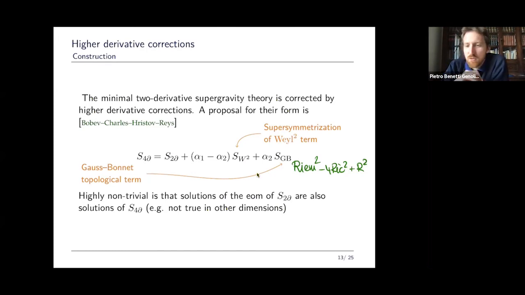So first, you realize, and this is a very highly non-trivial step, that the solutions to the two-derivative equations of motion, just Einstein and Maxwell, are also solutions of the 4-derivative equations of motion. A priori, there is no reason this should be true. If I give you an effective expansion and I tell you the solutions to the lowest order are also solutions to the higher order, generically, it's not true. In fact, we know that it's not true in higher dimensions. However, it's true in this case.